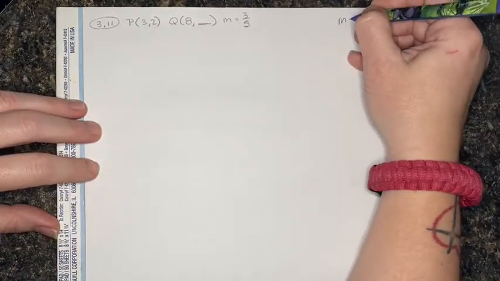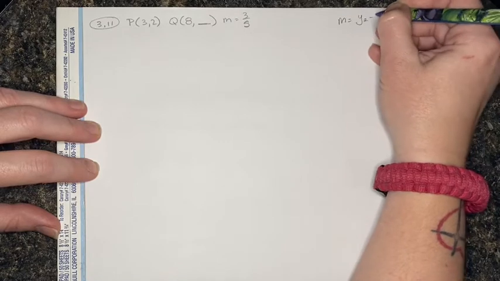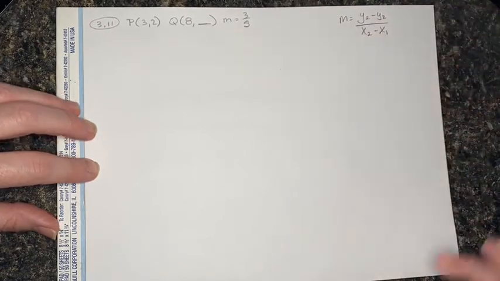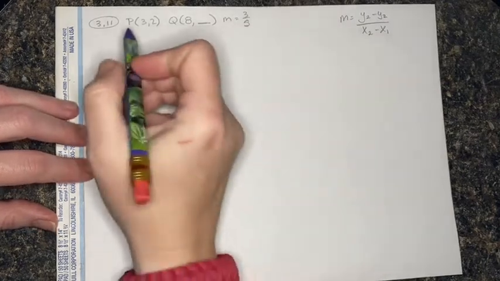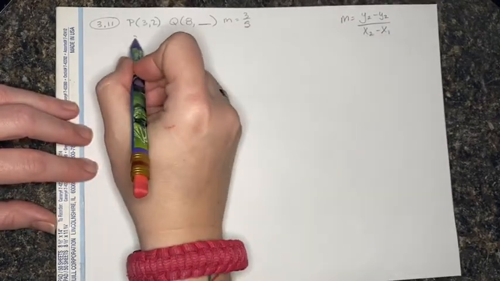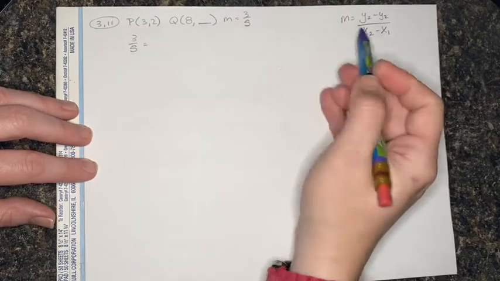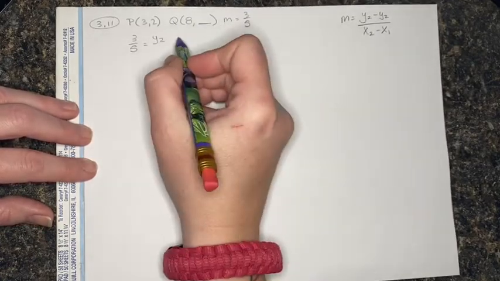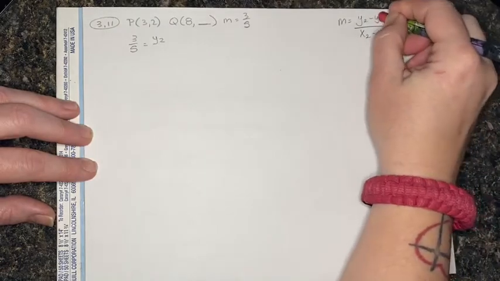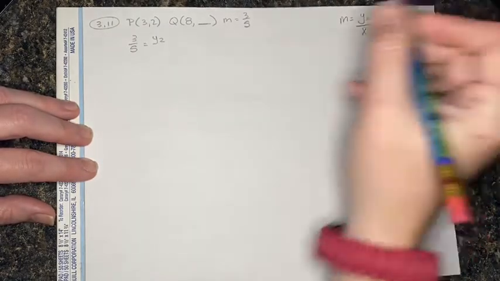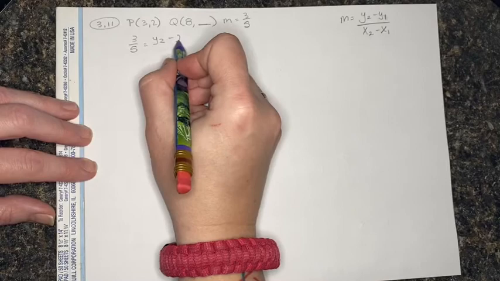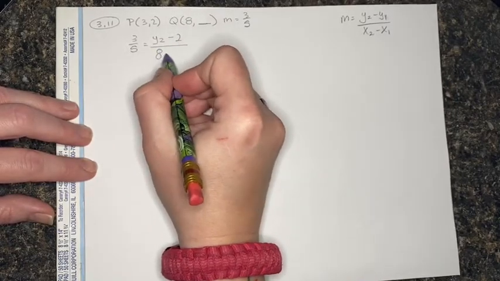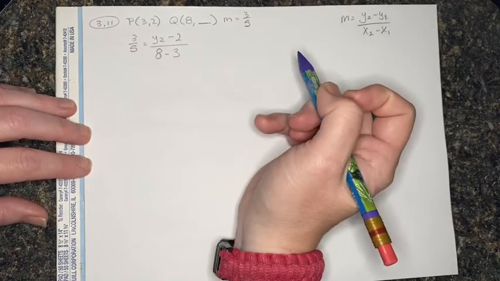Remember, our slope is equal to y sub 2 minus y sub 1 over x sub 2 minus x sub 1. So our slope, which is 3/5, is equal to y sub 2, which we don't know, minus, and I do realize I made a mistake there, apologize, minus y sub 1, which we do know is 2, over x sub 2, which is 8, minus 3, which is x sub 1.